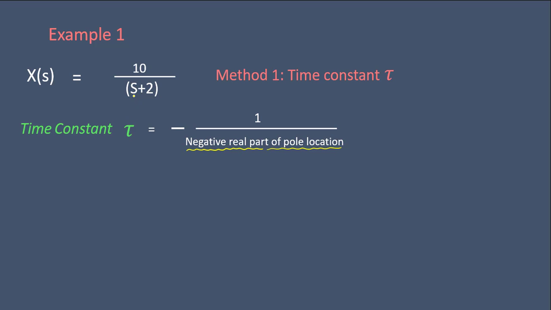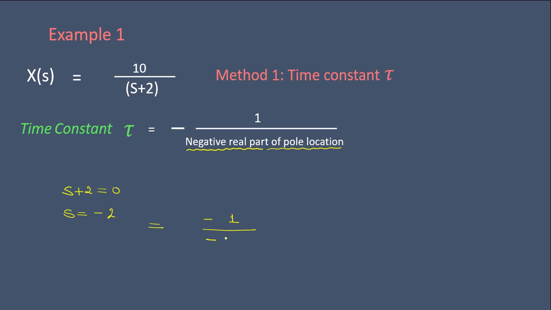Now in the denominator we have s plus 2. If you equate s plus 2 equal to 0, you will get the pole s equals minus 2. Now if the pole is negative, only then can we find the time constant tau, because the formula says negative real part of pole location. So if you substitute the value, it is minus 1 upon the negative real part of pole location.